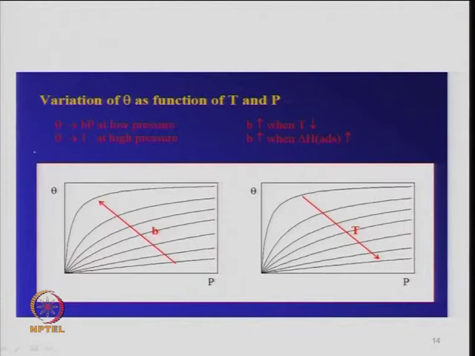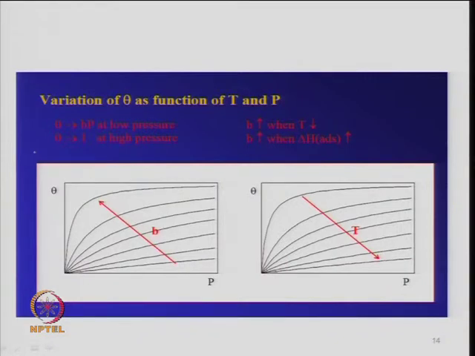This is a function of temperature and pressure, just like in the Langmuir equation you have seen. Last time we saw theta related to V by V_m, the monolayer coverage, and that was Kp upon 1 plus Kp, or Bp upon 1 plus Bp, where B is the adsorption equilibrium constant.